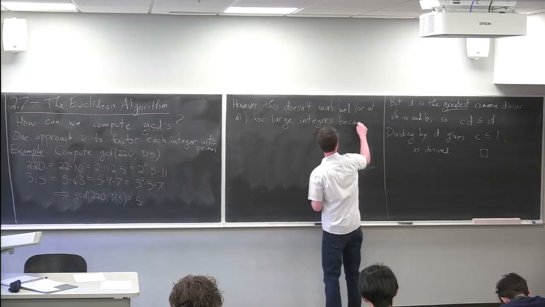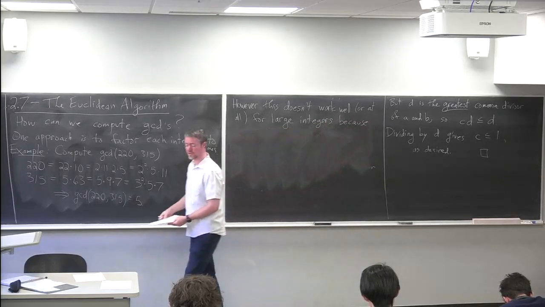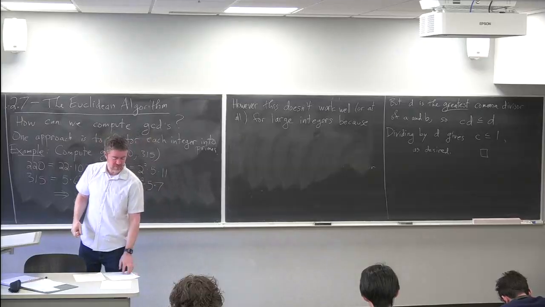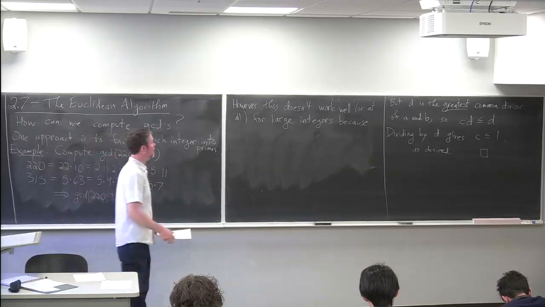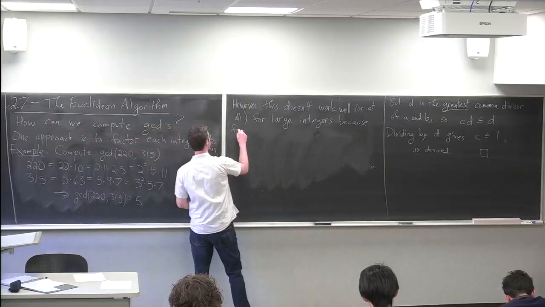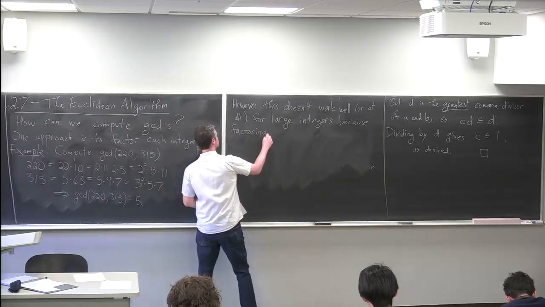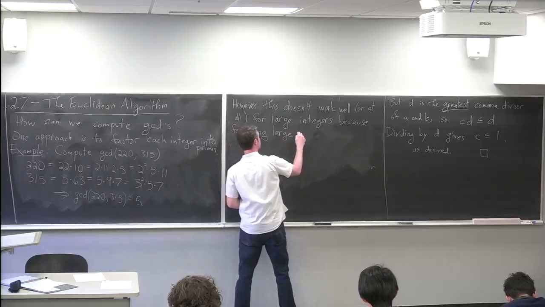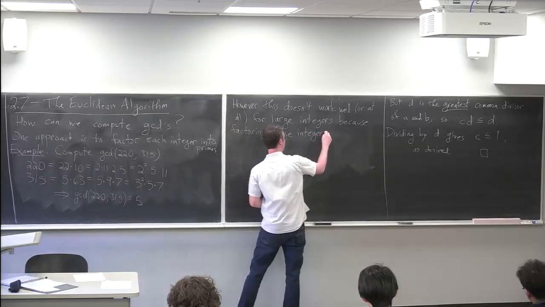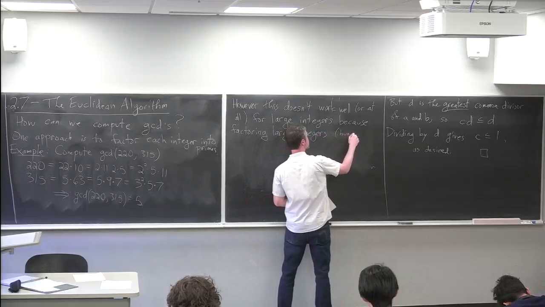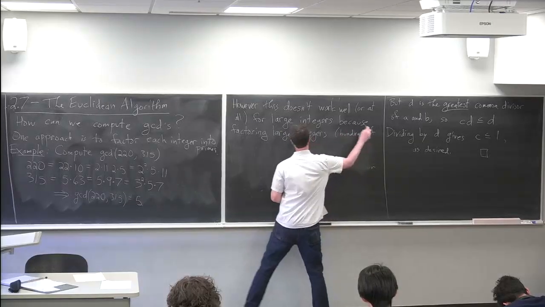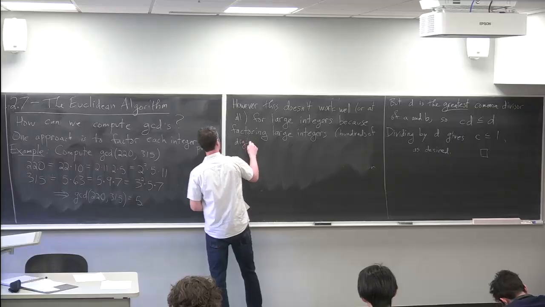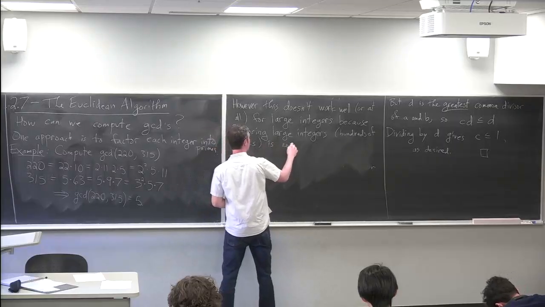At some point when your integers get big enough, factoring is not really a feasible problem to solve. Factoring large integers, on the scale of hundreds of digits, is not computationally feasible.